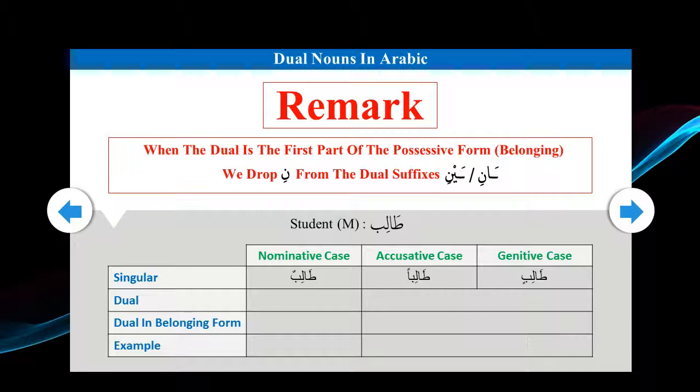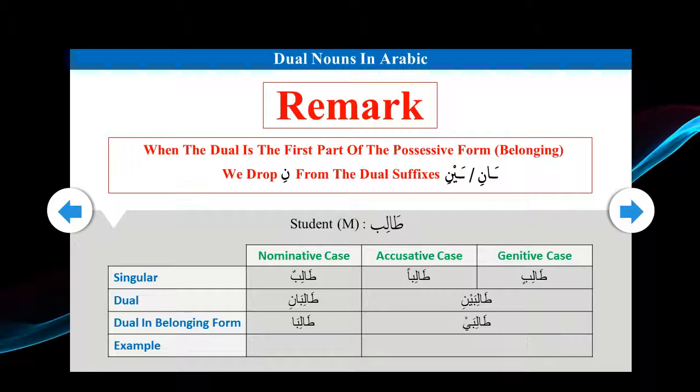The dual in the nominative case is طالبان, and طالبين in the accusative and genitive cases. The dual in possessive form is طالبا in the nominative case. As you can see, we have dropped the letter noon. For accusative and genitive cases, we have طالبي.